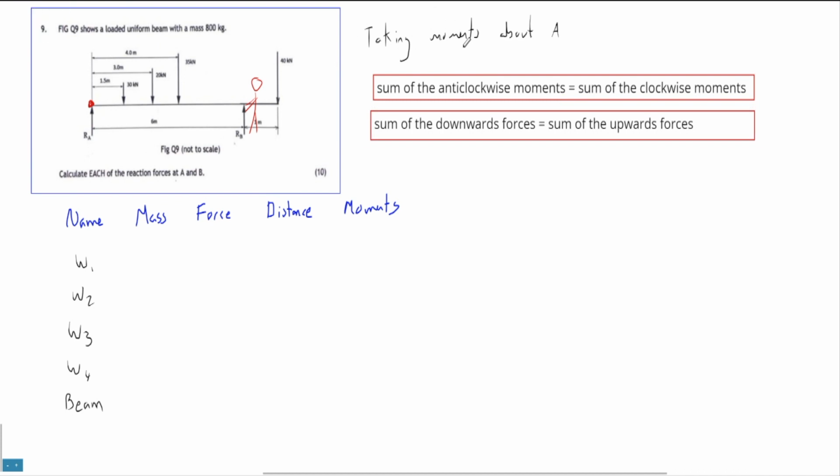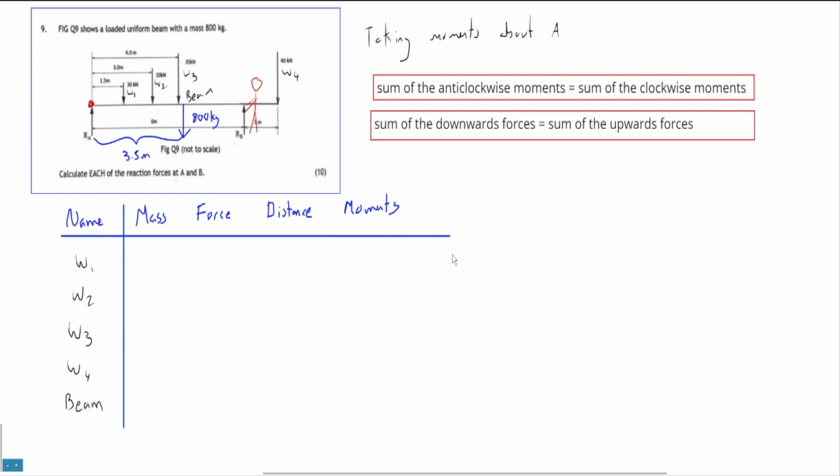Let's go ahead and fill in this table. We've got the names of the forces on these guys here. Some of these have got masses, some of them go directly into forces. Let me space this out a little bit more so we can see clearly what's going on. The masses will be done in kilograms, so we better write that. Let's write this down to be clear. Kilograms. The forces will be done in newtons.